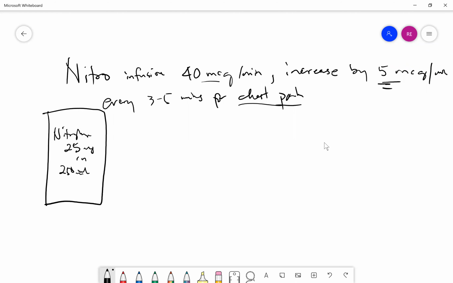If it is your initial infusion, that means 40 divided by 1,000, right? Whatever that comes out to, you multiply by 60 so that you will get milligrams per hour. So we converted micrograms to milligrams and then multiplied by 60 to get the hour.